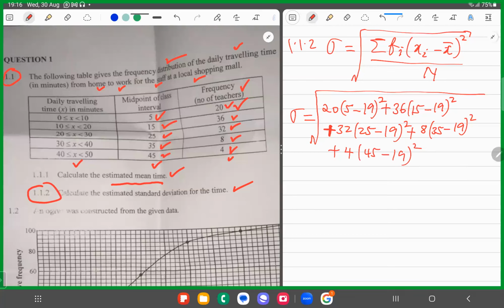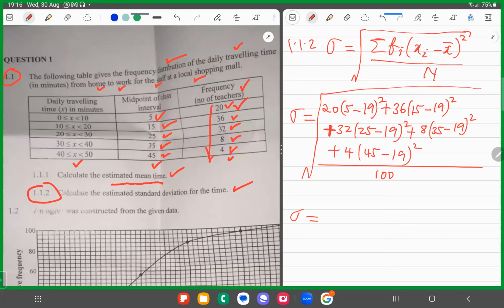You square these. Okay, so you have this. So here you have the square root like this. So all these things here will be divided by what? Will be divided by the sum of all these frequencies, and we've already got the frequencies. They became 100. When we add all these, we got 100.